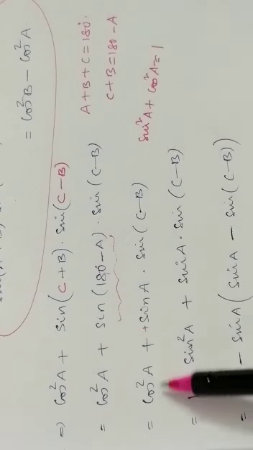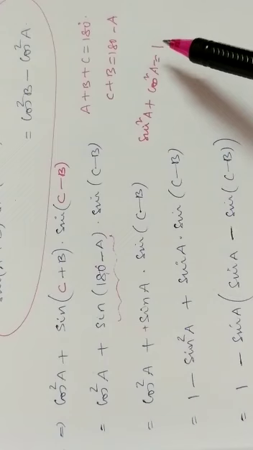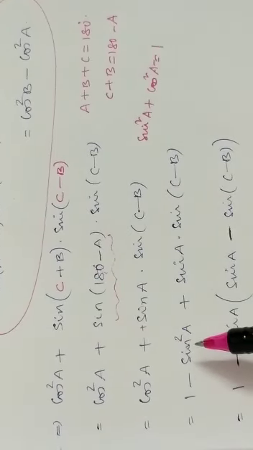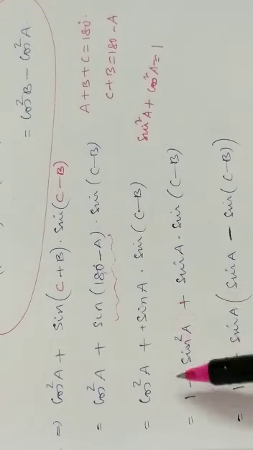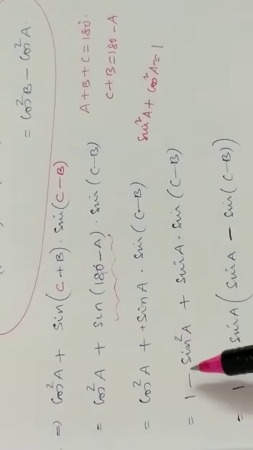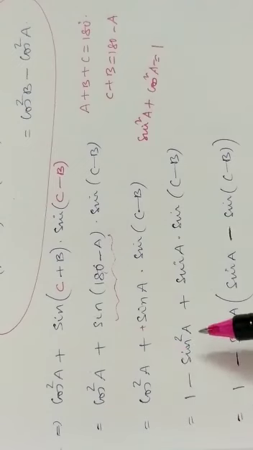So in the place of cos square A, I can write 1 minus sin square A. Why do we need to make this change? Because you need to take common sin A. You have to get common here.